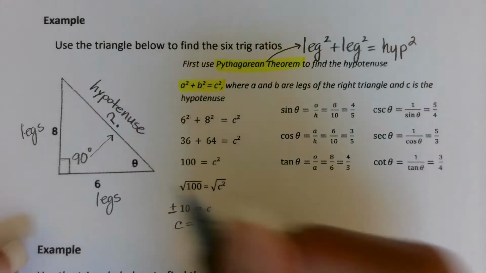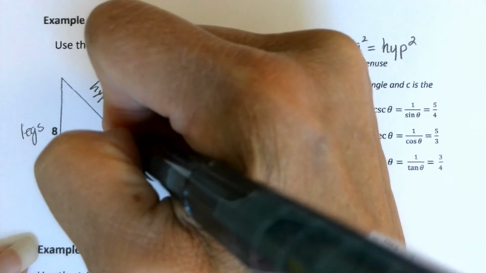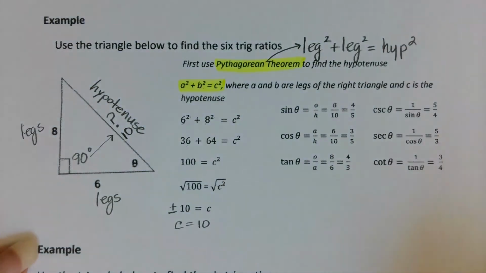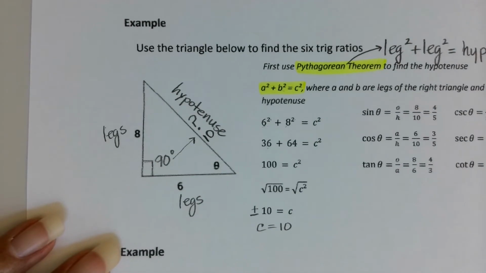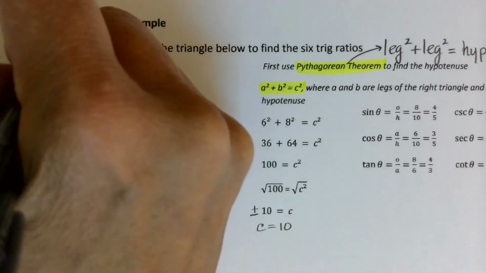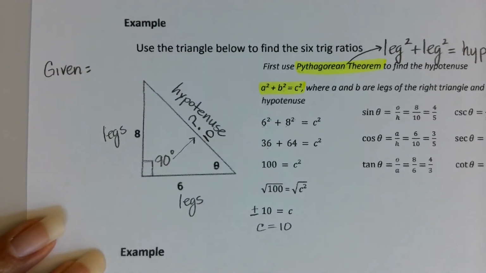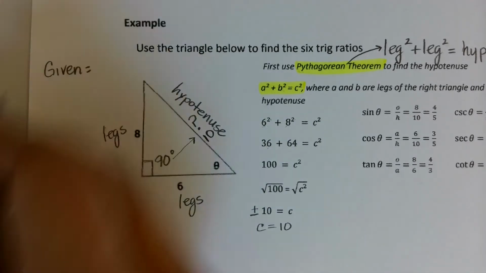All right, so we have discovered now that our question mark actually is a length of 10. So I'm going to go ahead and label that there, okay? So I want you to notice here, in this example, what was given was the 2 legs, okay?